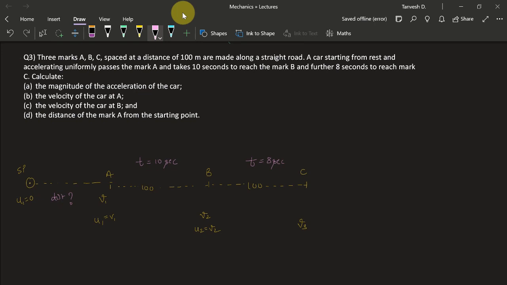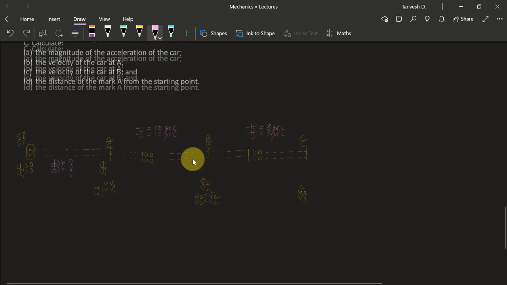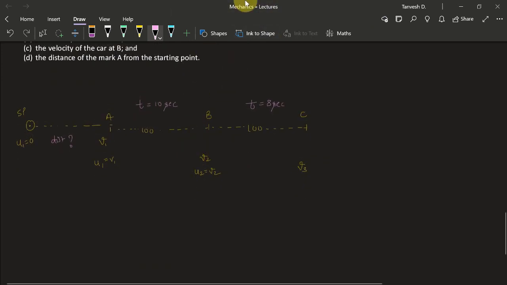Okay. So since we know the distances, let us work with what we know currently. I will say that this is distance S1, this is distance S2, this is S3. Sorry, I think there is a mistake in writing here.